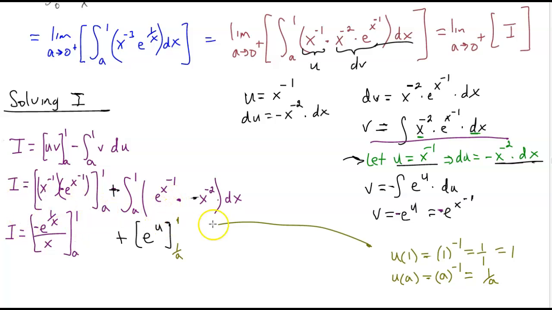So now all we just have to do is literally work it out and see what we get, and then we take the limit of that result. So here I'm going to plug in 1 everywhere where I see x, and then plug in a afterwards. So I'll have a minus e raised to the 1 over 1 minus a negative e, do this over 1 like that because of the 1 that goes here. Make sure I'm clear there.